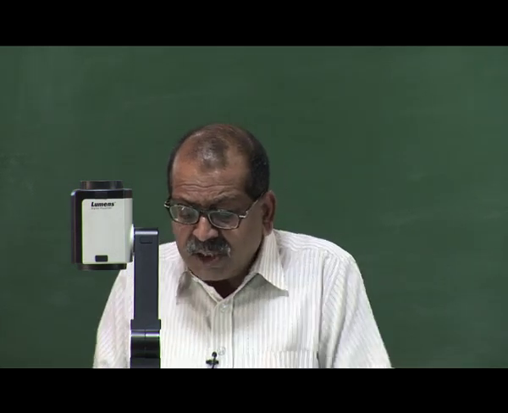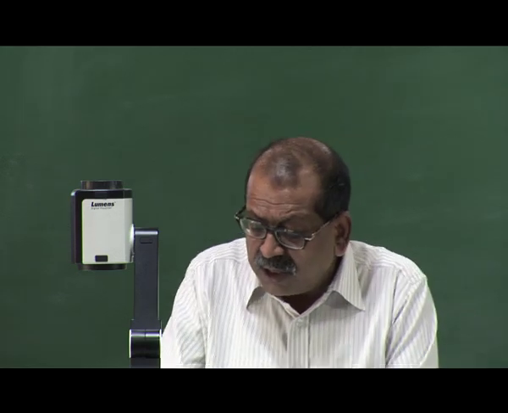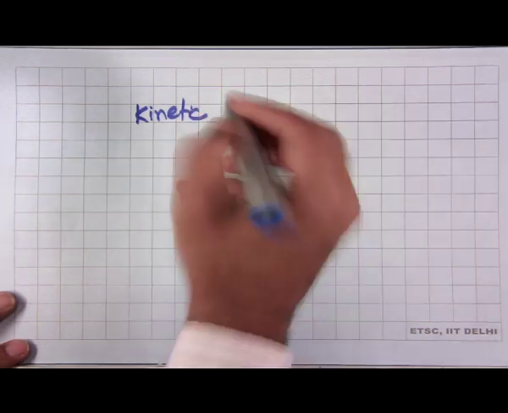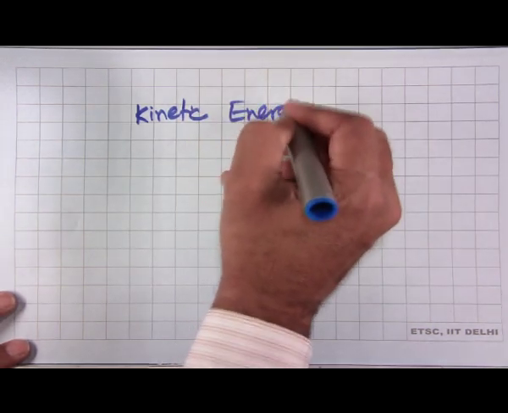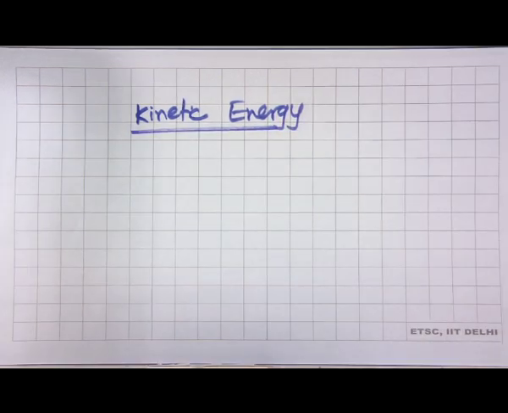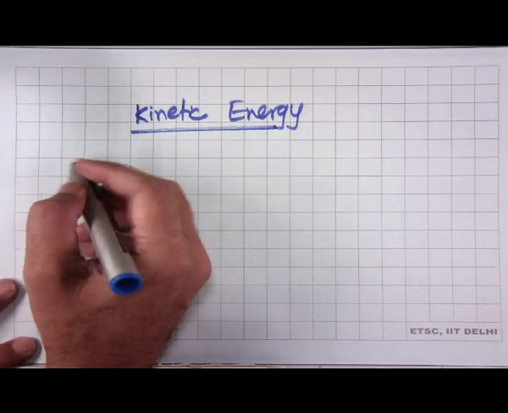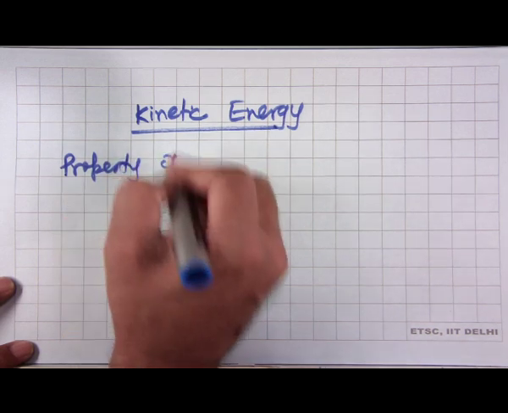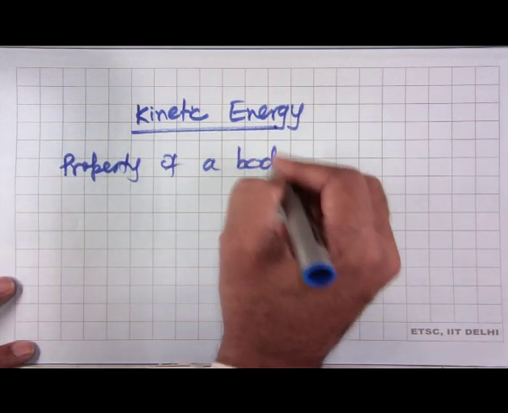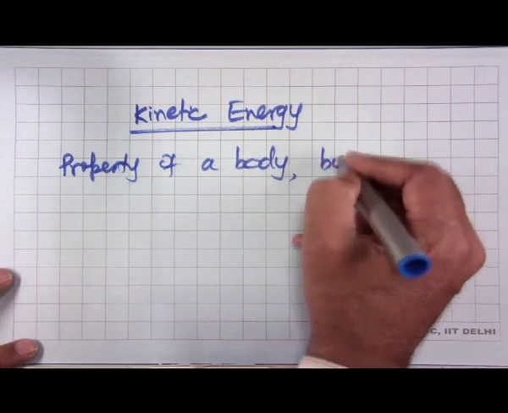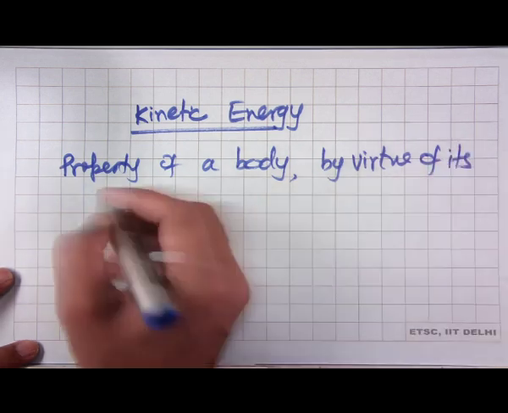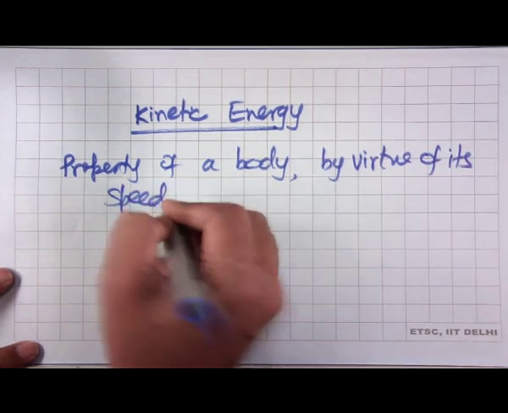Now, as a last thing today, let us define a new concept, kinetic energy. Kinetic energy is something we define. This is a property of a body which a body gets by virtue of its speed.